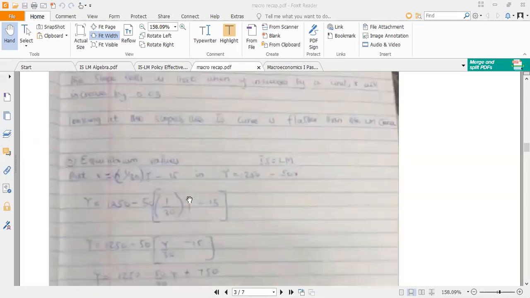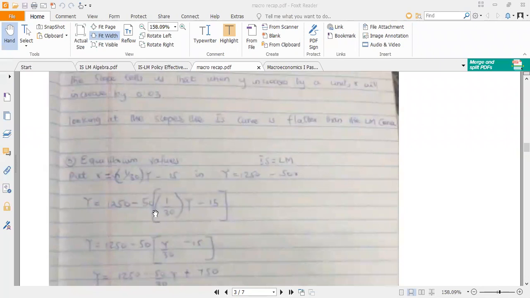And then the second part is to find the equilibrium Y and then R. So that one, you have two simultaneous equations in R and then Y. However you want to solve it, some can choose to put the Y into R, or you can choose to put R into Y, whichever way you want to do it.